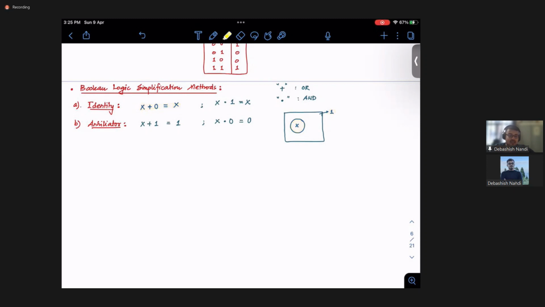You can easily form a set and some circles inside that, and you can easily get how the values and formulas come about. I am just writing down the formulas here, because we will be using them repeatedly in today's session. Okay.